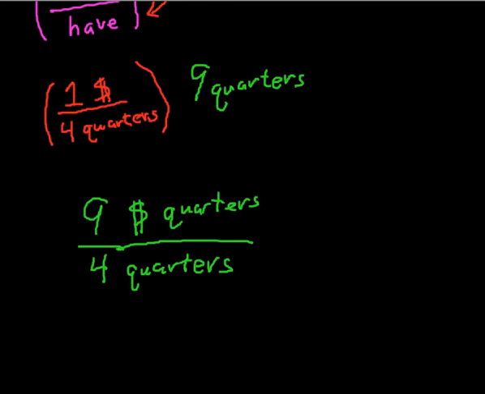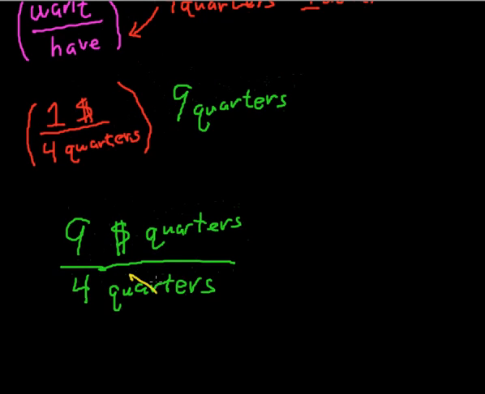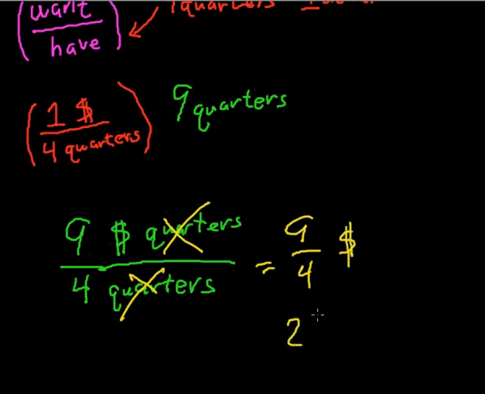Now, many of you math whizzes will be quick to point out that these units will cancel out, and we can also simplify our stuff. So these cancel out. You'll be left with 9/4 dollars, and a lot of you guys will say that that's 2 1/4 or $2.25.